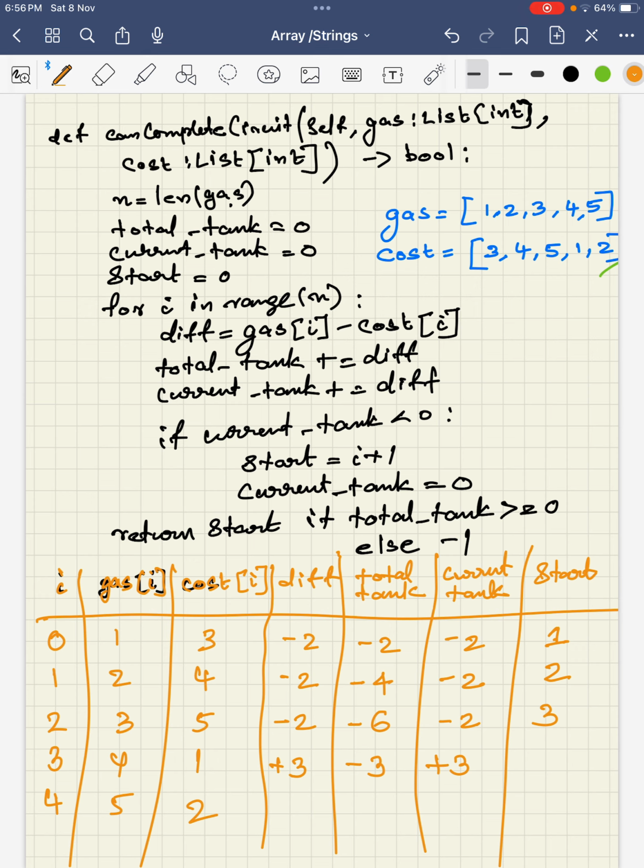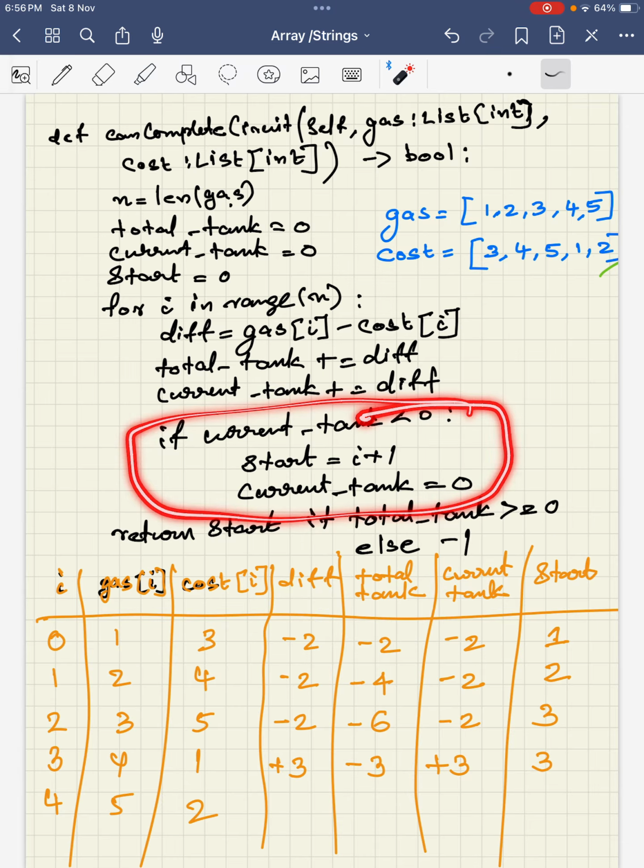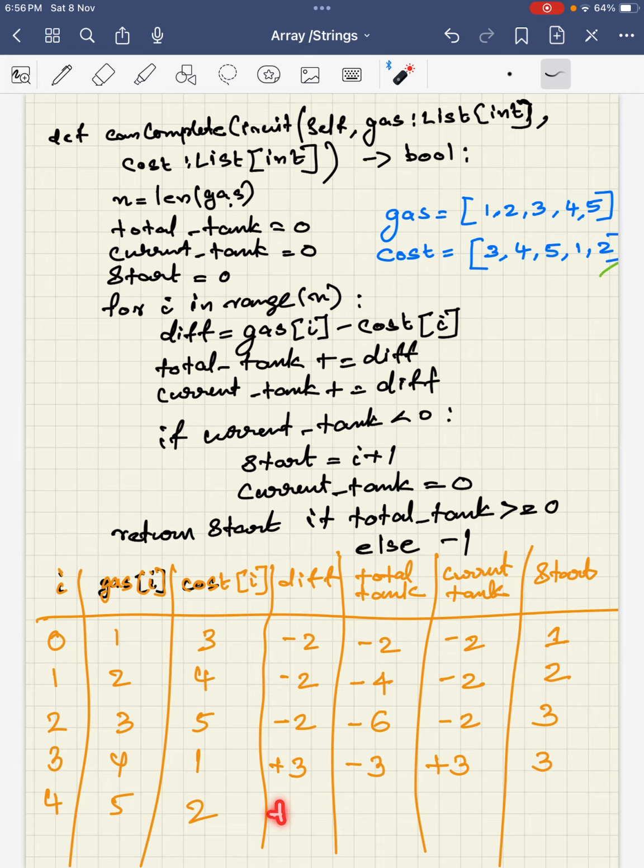Here you don't have to update anything, you can continue with it because this particular condition is not encountered. You can continue with the current tank, and the starting point is not updated further. Here again it's +3.